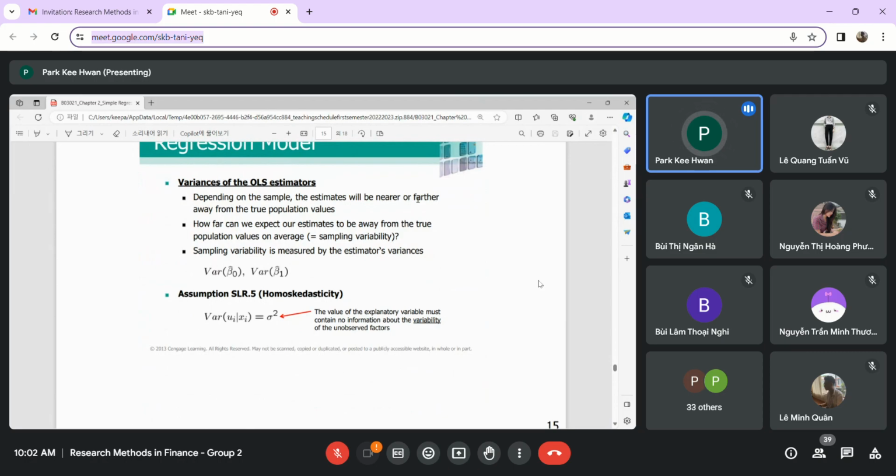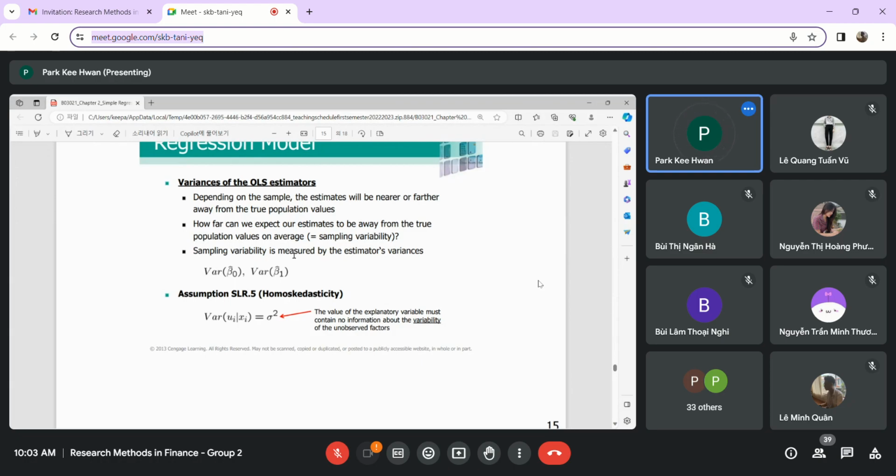It could happen to be quite close to the population value, or it could be far away from it. Now we want to ask how far our estimate would be away from the true population value.